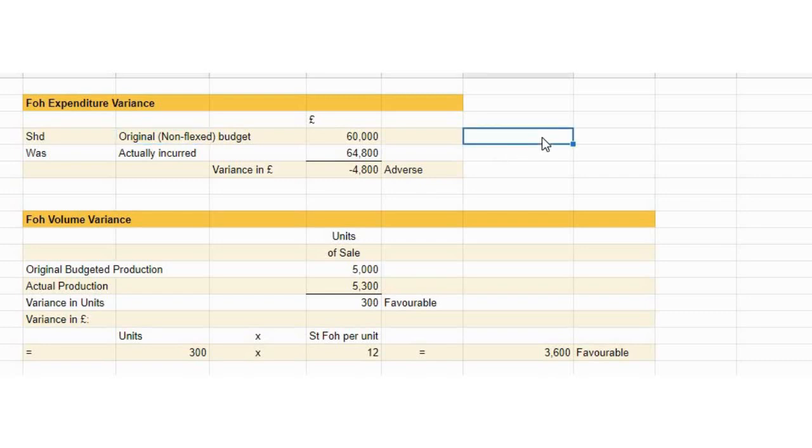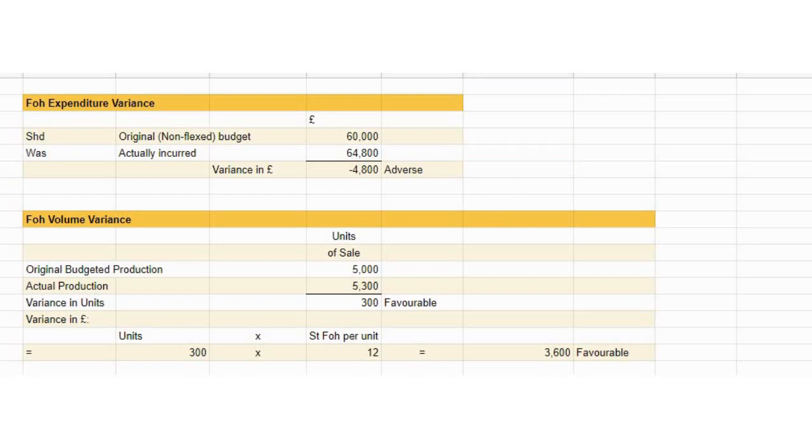So it's not the flexed budget, it's the original non-flexed budget, where the fixed overheads were estimated to be £60,000, and at the end of the production run the fixed overheads actually incurred were £64,800, giving a variance in pounds of £4,800 adverse.